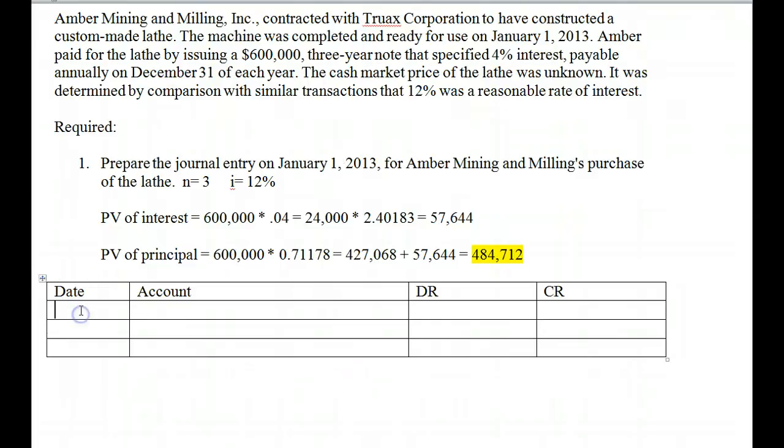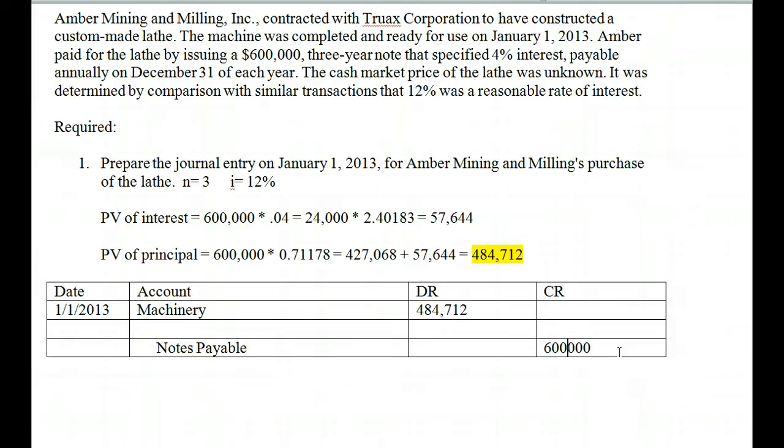All right, so how would we record that on January 1st, 2013? Well, we're going to record that as a debit to the machinery account. And we're going to hit that machinery not for 600,000 because that 600,000 assumes some interest in there, but the 484,712. Now, how much are we actually going to have to pay back at the end of the term? Well, we're going to have to pay back the full 600,000.